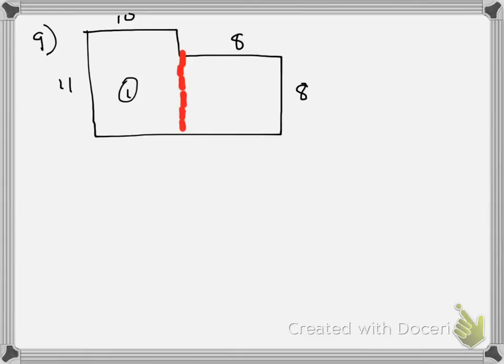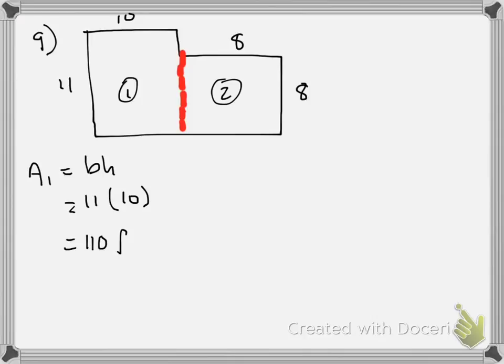So I'll call this shape number 1 and this one shape number 2. So the area of number 1 again is going to be base times height, which here would be 11 times 10, which is 110. And this one was in feet, so 110 feet squared.